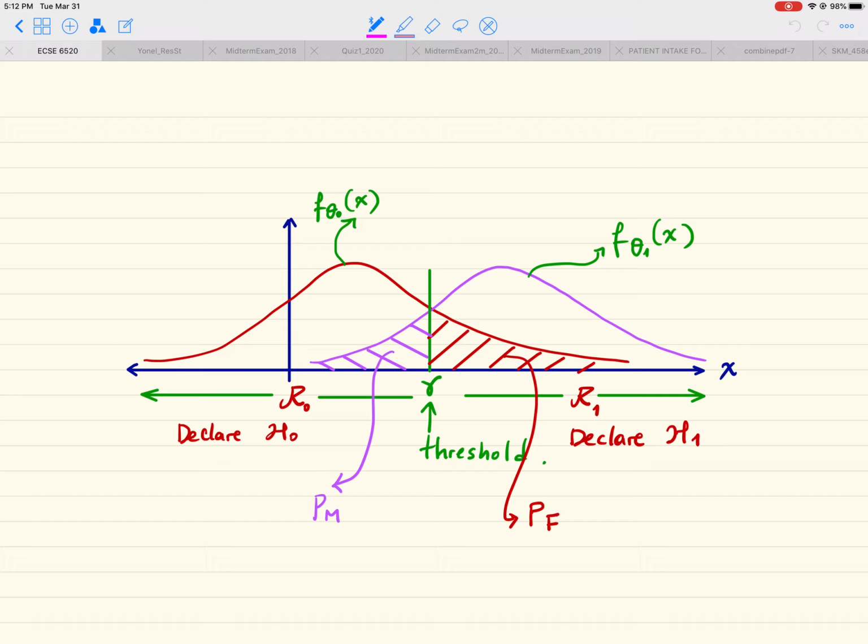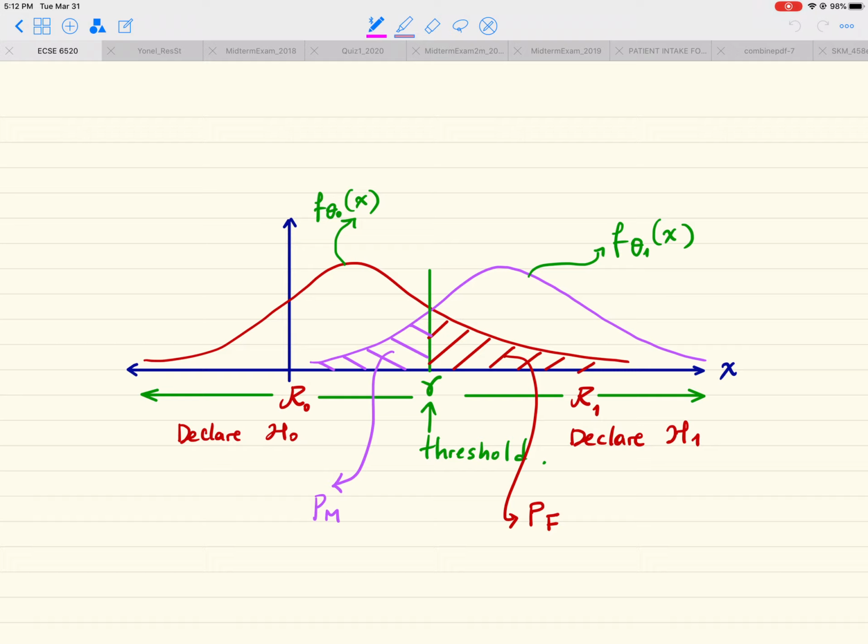So probability of false alarm in this case is that our observation x is larger than gamma, but it actually comes from the underlying distribution f sub theta 0.